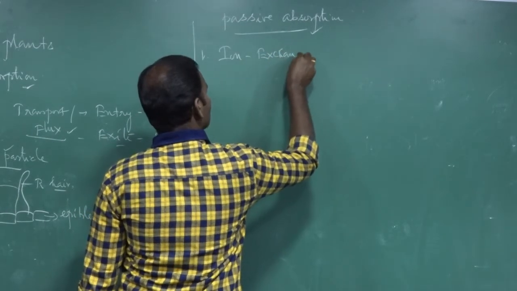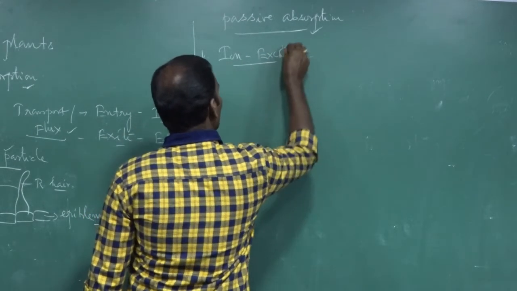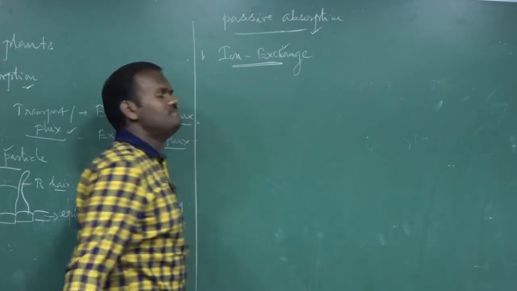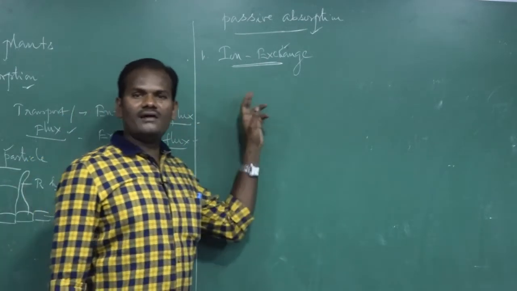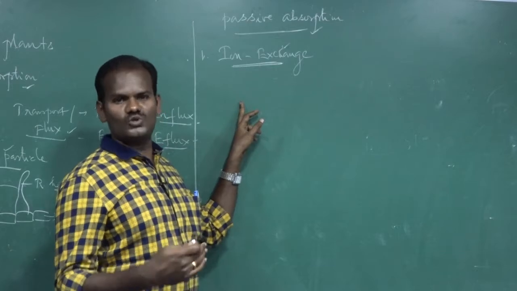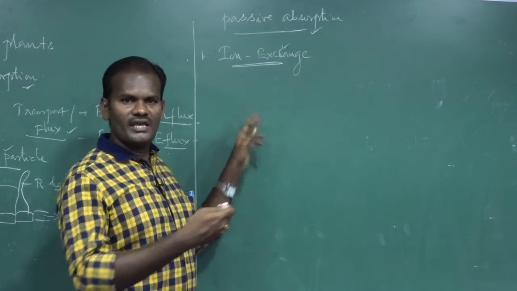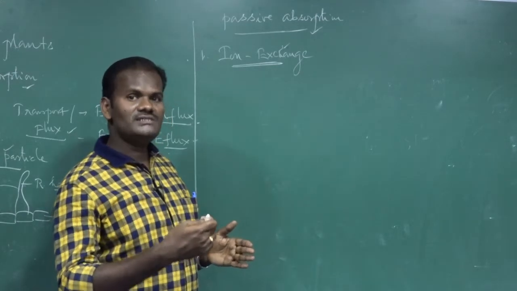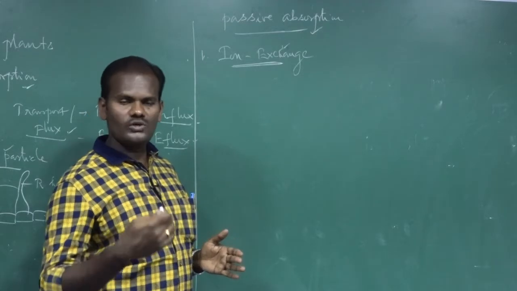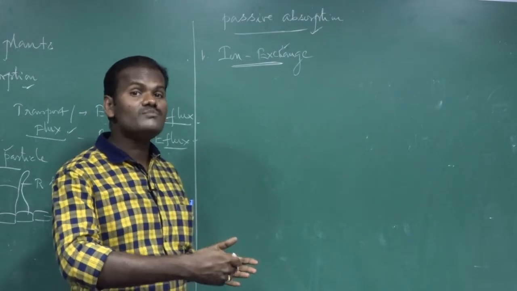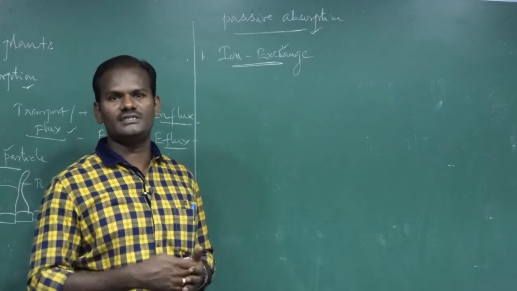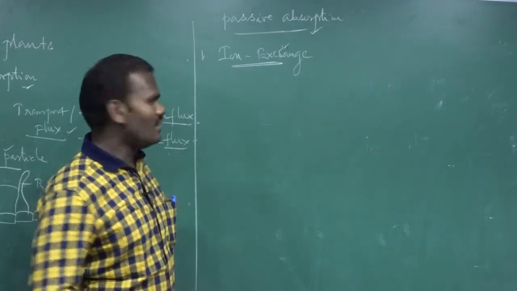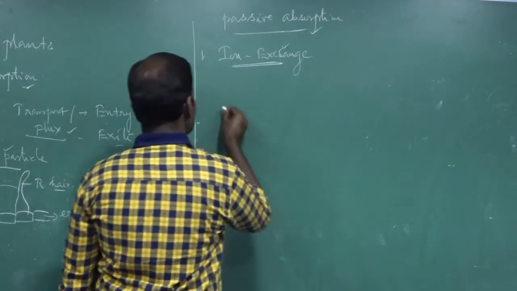Ion exchange concept. What do you mean by ion exchange? The ions of the external soil solution exchange with the ions present in the root cells, the same charged ions present on the root cells. This is called ion exchange. Let us understand this.